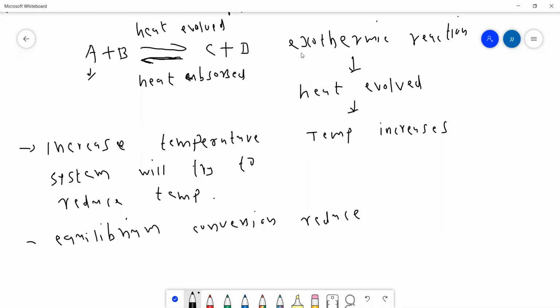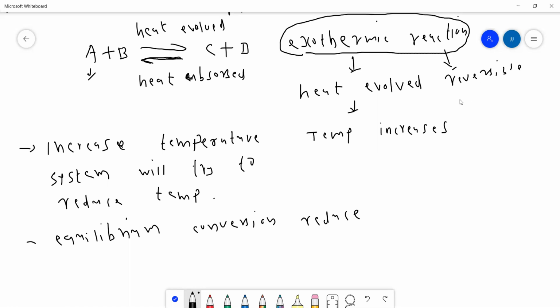This is specially for an exothermic and reversible reaction. So an increase in temperature makes the system try to reduce the temperature, and the equilibrium conversion reduces. I'm talking about the conversion of the reactant.